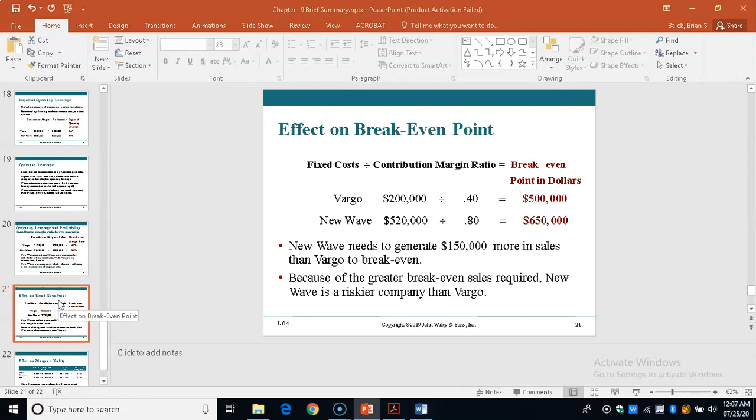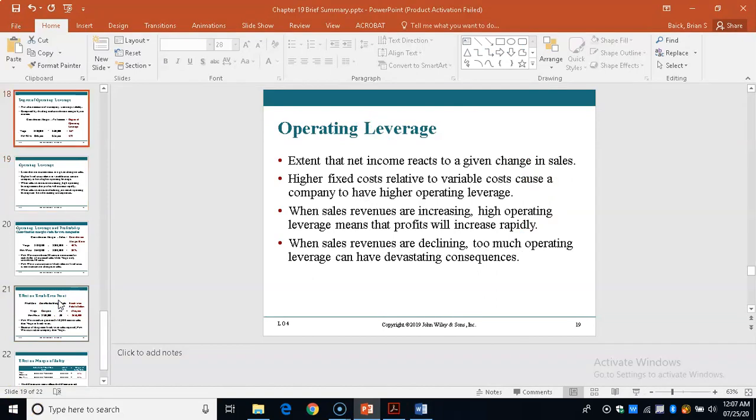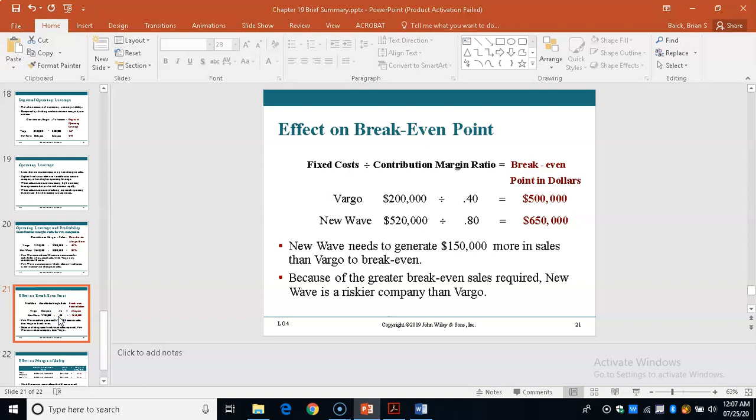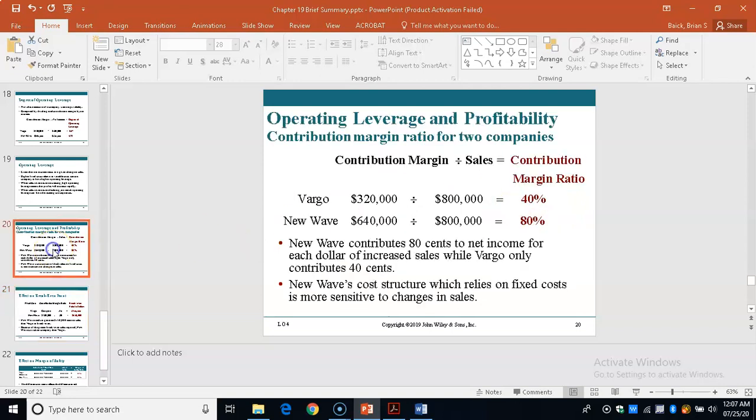Okay, so let's see if that's true. Okay, so these are the slides here. New Wave has high degree of operating leverage. Vargo has lower operating leverage. New Wave has higher break-even than Vargo. And which one is more profitable?